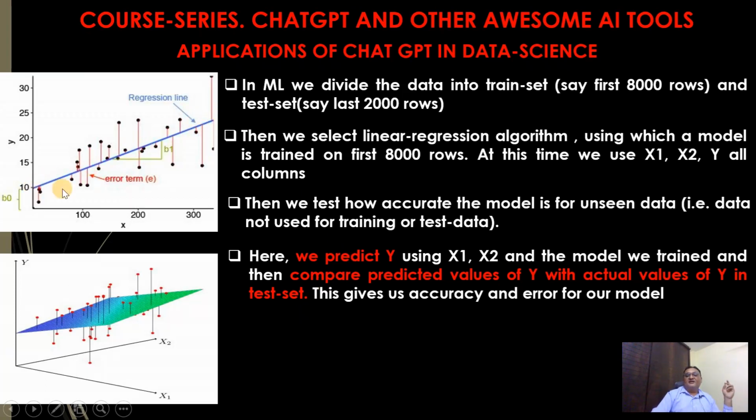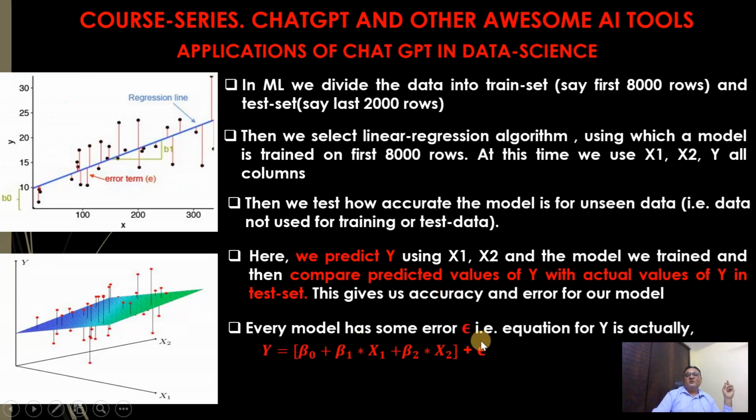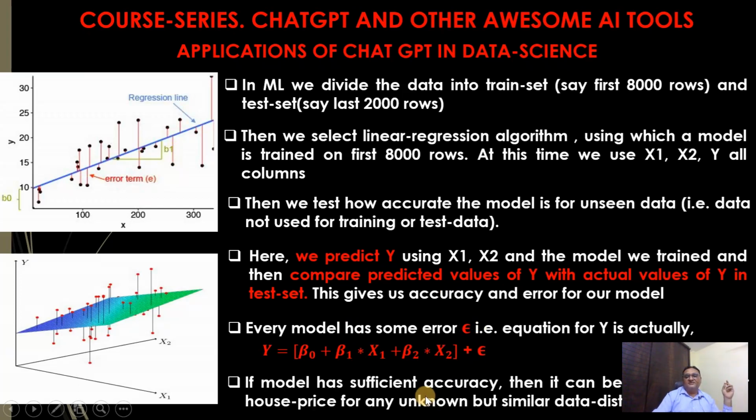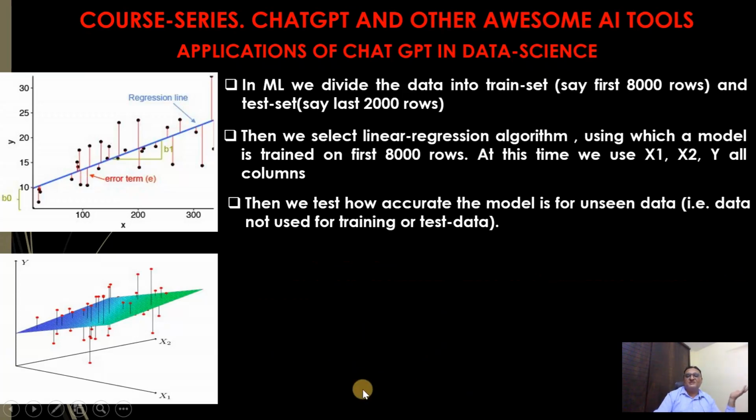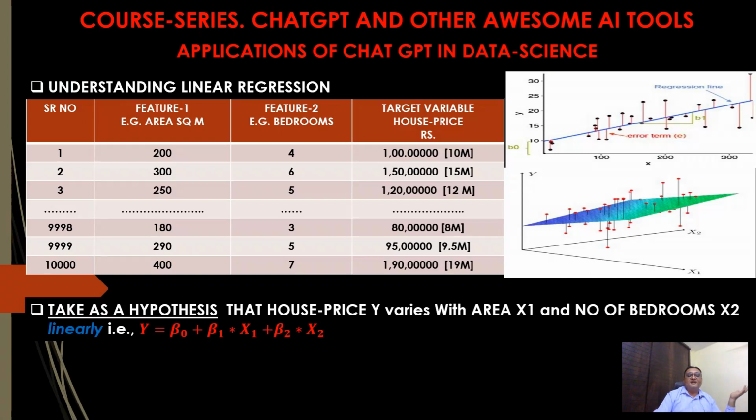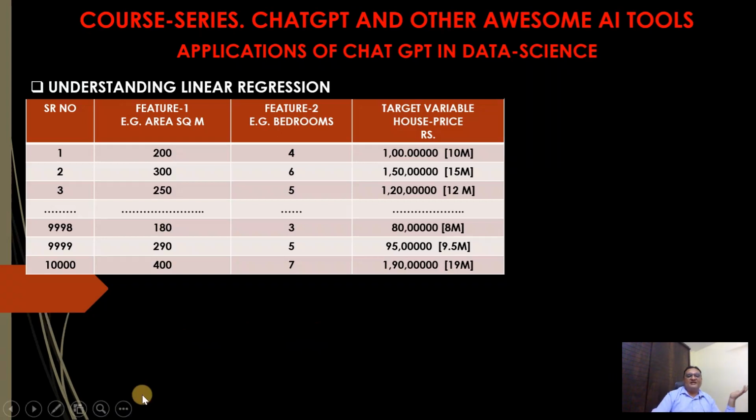But the actual data distribution would be different, and therefore there would be some error. So if that error is acceptable, say around 3 to 4%, or acceptable depending upon the use case, then we say that yes, my model has sufficient accuracy, and we use that model to predict on any similar data which is not even among these 10,000.